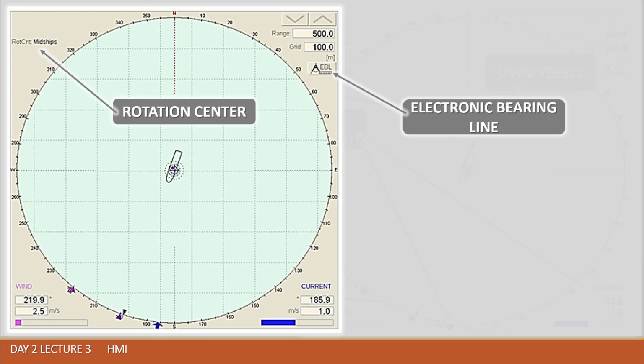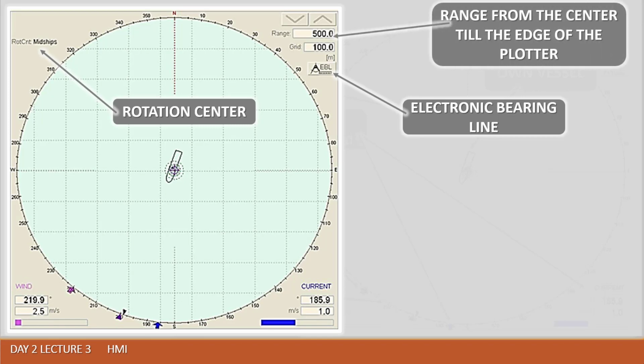The range from the center to the edge of the plotter is also indicated at the upper right corner of the position plotter. The distances between lines of the grid are also indicated here.